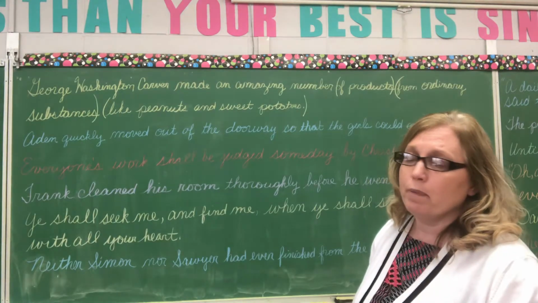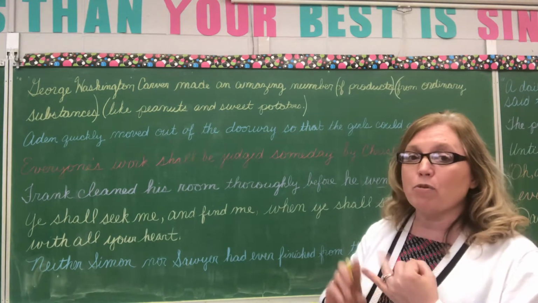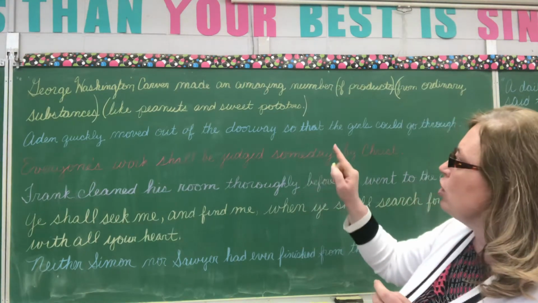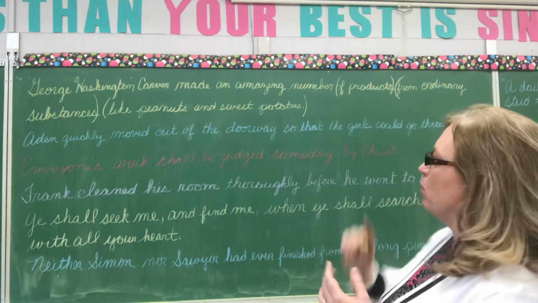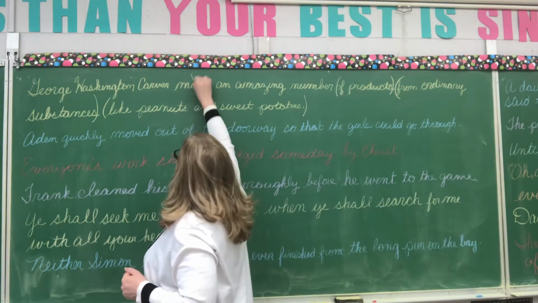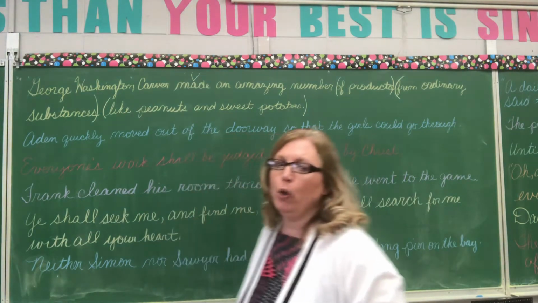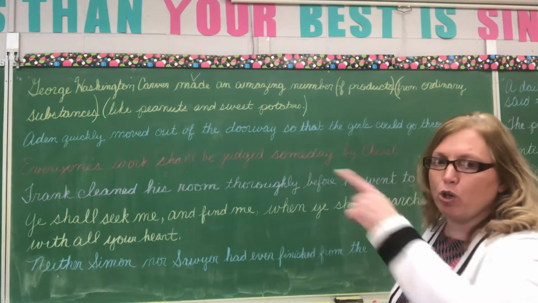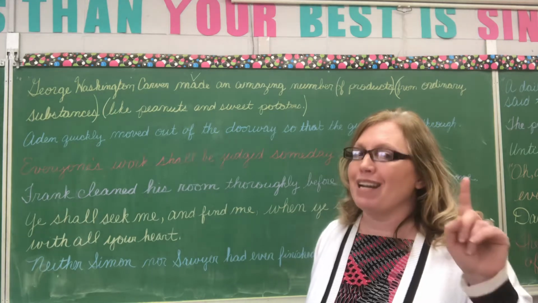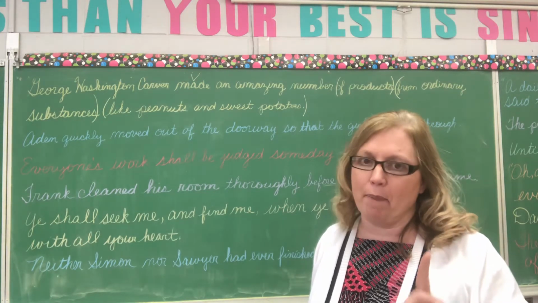First, what's the verb? Remember, our subject and our verb is never in a prepositional phrase. So look at this. George Washington Carver made an amazing number. What's the verb? Made. Okay, if you notice, that happens to be a word that's in italics. Who or what made? George Washington Carver is our subject, but a subject is a job.